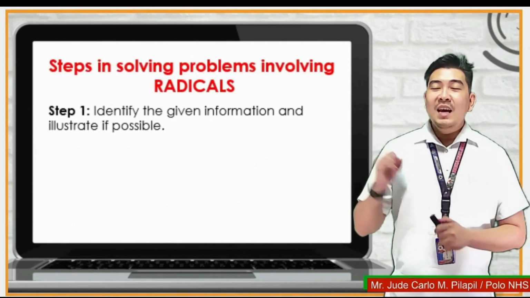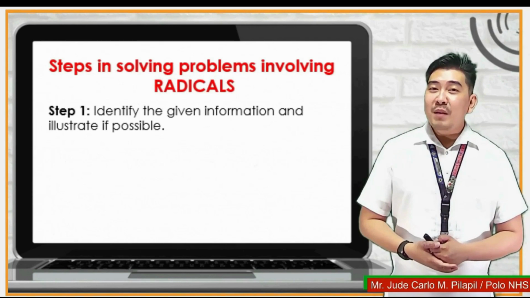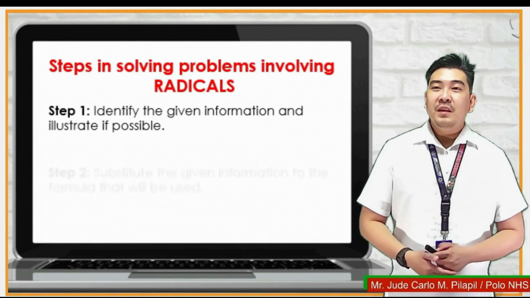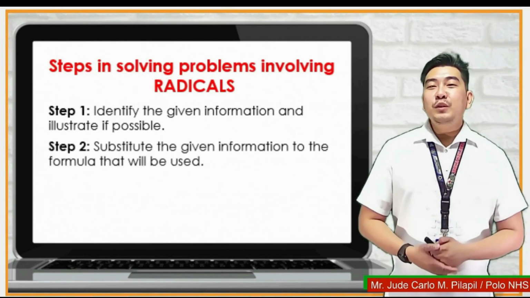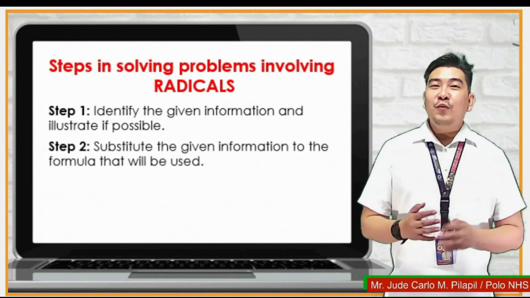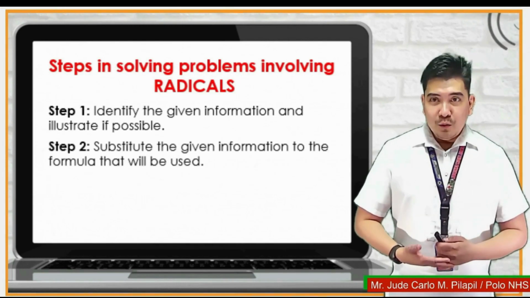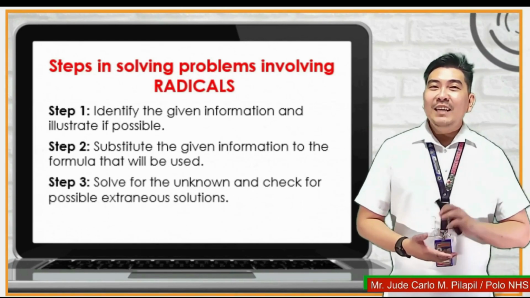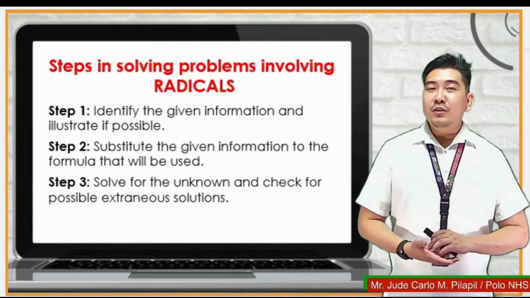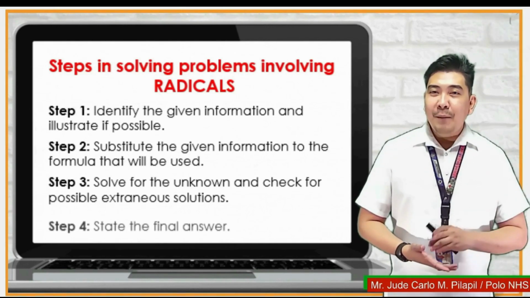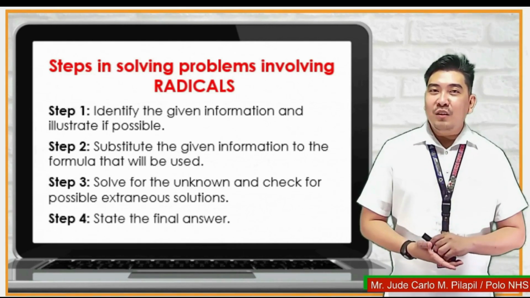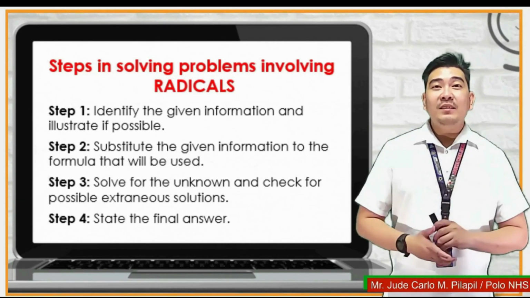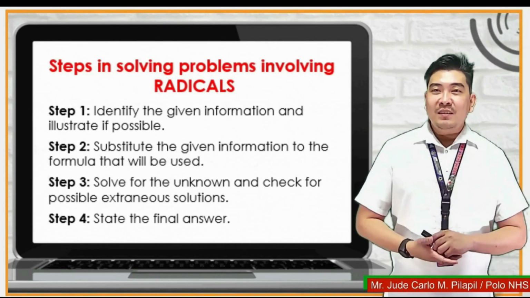Step number 1, identify the given information and illustrate the problem if it is possible. Number 2, substitute the given information to the formula that will be used. Step number 3, solve for the unknown and check for possible extraneous solutions. The last step, state the final answer. Do not forget the units and it should be expressed in a complete sentence.